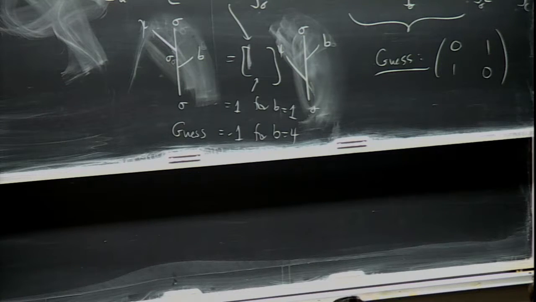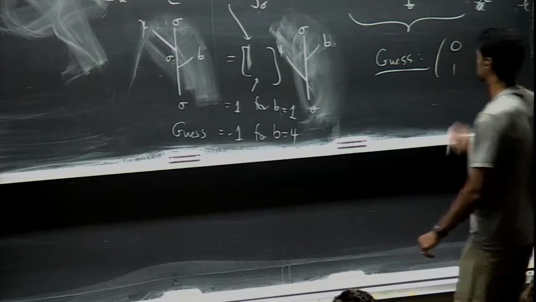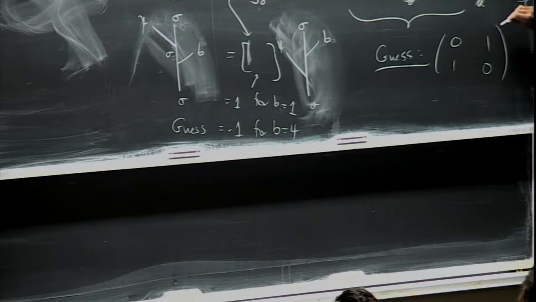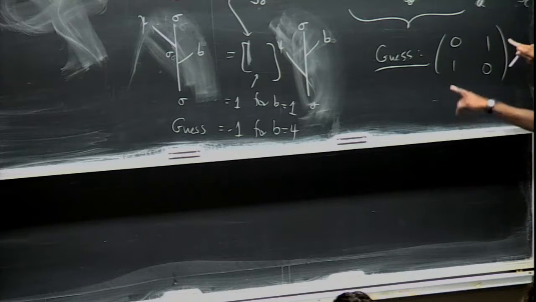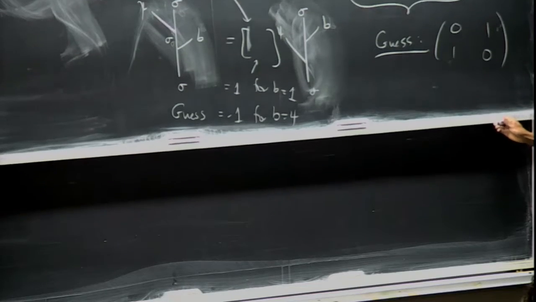Yeah, the outside index is A. But again, a natural guess, which we can check for consistency, is to take this equal to 0, 1. We know it has to be off diagonal. We know it's a 2 by 2 matrix because there's just A and C here. So in principle, we could put some phase here and the opposite phase here, but let's just try the simplest thing.